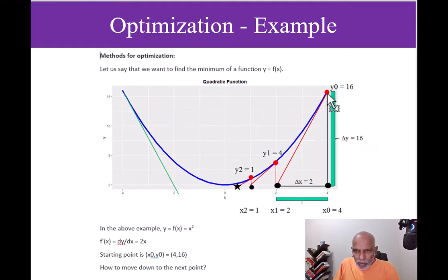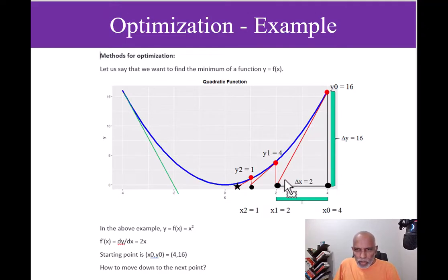From here to here, it's very close to 16 minus 4, something like 12 units. So we reduce by 12, we are going towards the zero point here, and it is the derivative that is helping us move in the direction of zero.